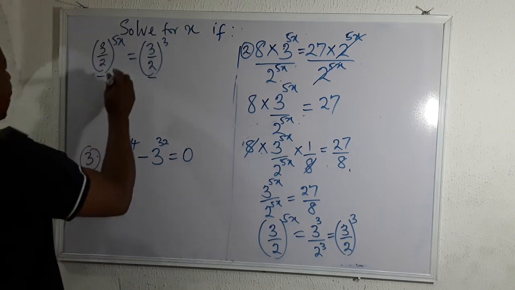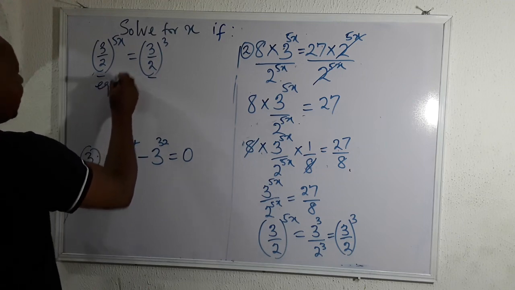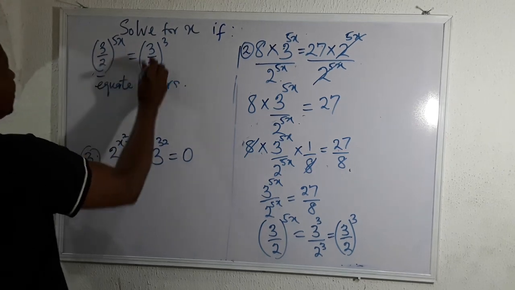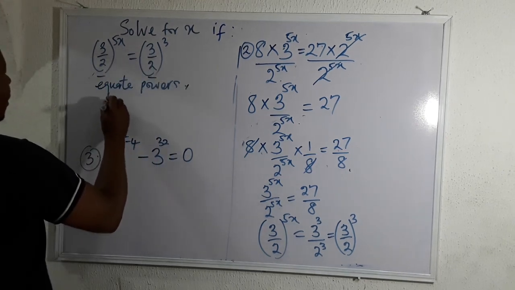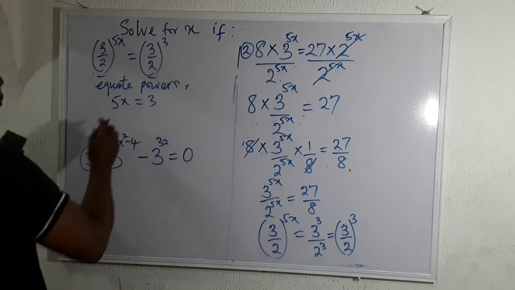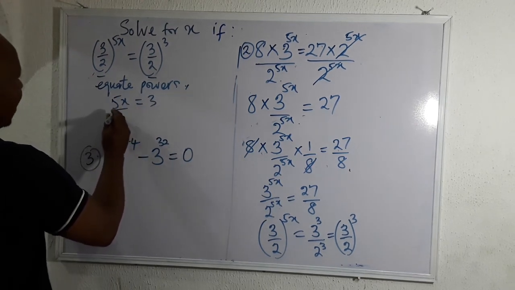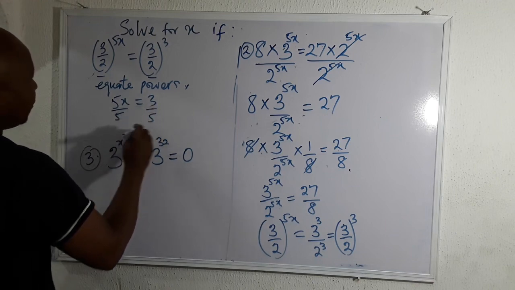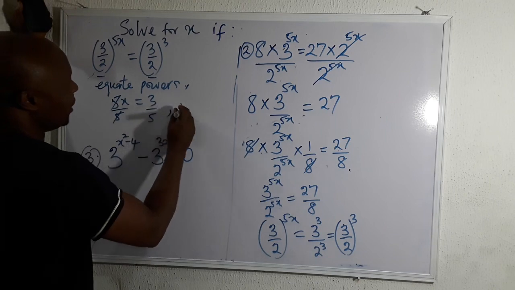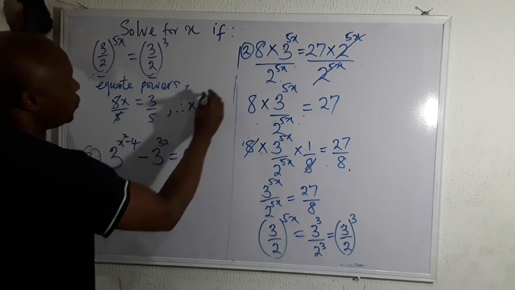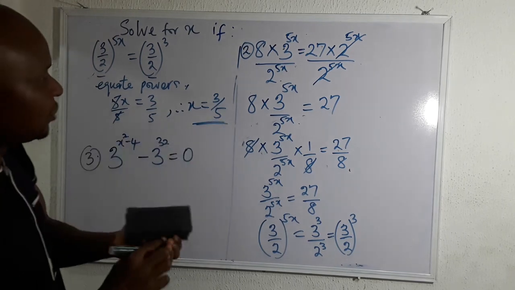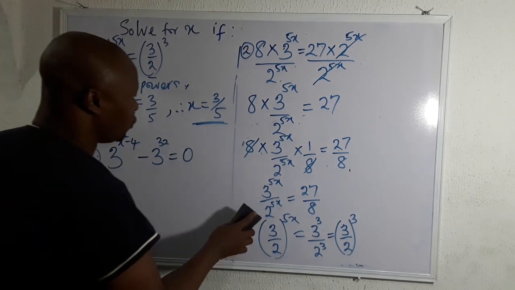If we equate the powers, that gives 5x is equal to 3. Now, to get the value of x, we divide both sides by 5, so this 5 cancels this 5. Therefore, x will be equal to 3 over 5. So that's pretty much the answer to question number 2.